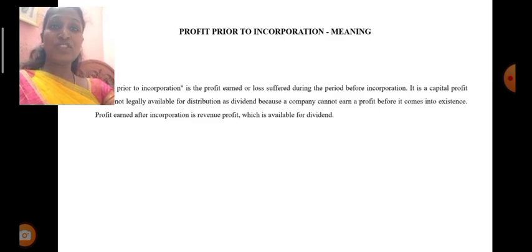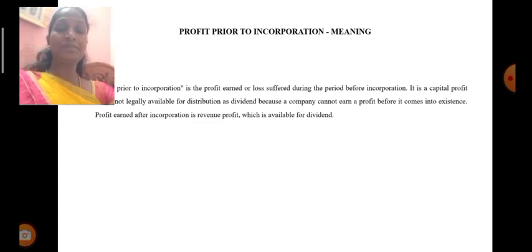The same is to be transferred to capital reserve, or may be adjusted against goodwill. Loss prior to incorporation is treated as a capital loss, and hence the same is shown under the head miscellaneous expenses or miscellaneous expenditure on the asset side of the balance sheet.